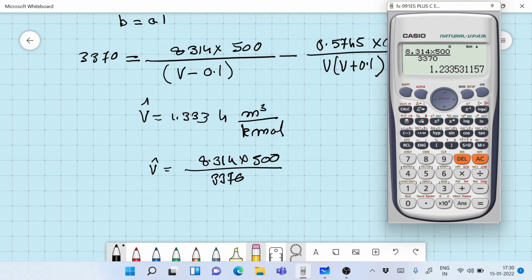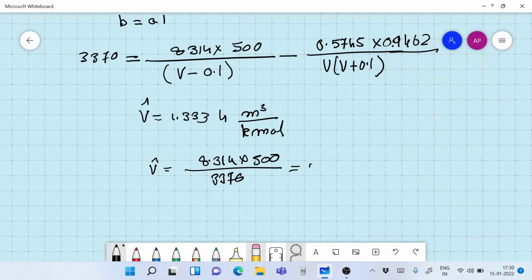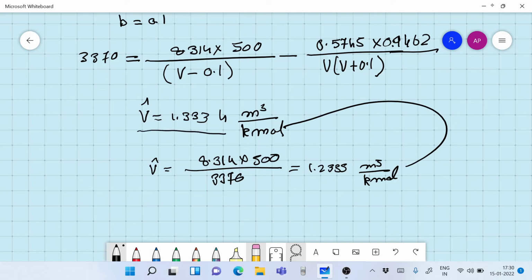So that's 1.2335 meter cube per K mole. Now remember one thing, it's close to this. So this is the right value.